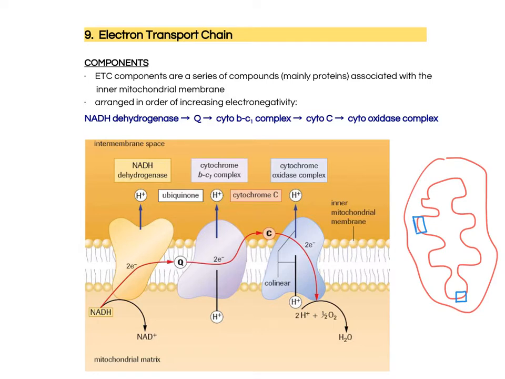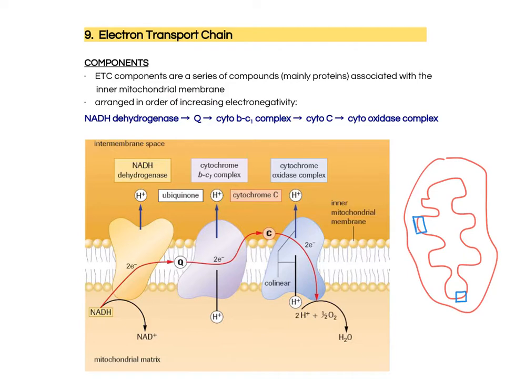So when I say that the electron transport chain, shortened to ETC, components are a series of compounds, mainly proteins, associated with the inner mitochondrial membrane, hopefully that makes more sense now that we've had this conversation about the diagram. Now we can also say that these proteins are arranged in order of increasing electronegativity.